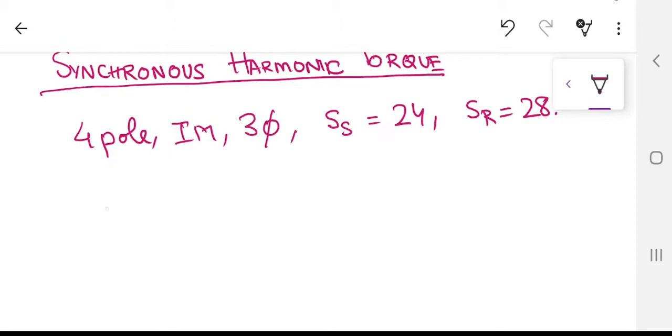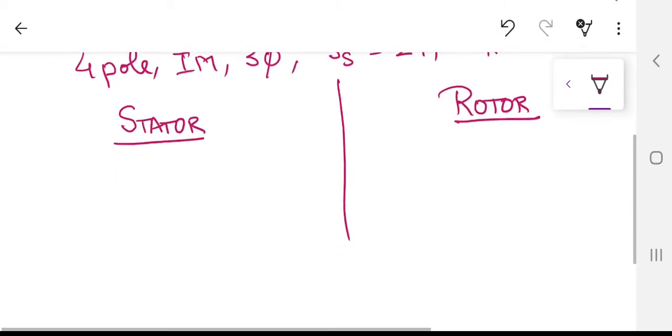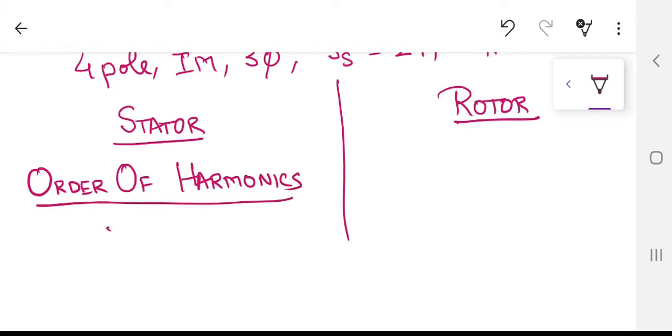If I talk about the stator first, and then the rotor, the order of the harmonics because of this slotting is 2Ss divided by p, plus minus 1, and for the rotor, 2Sr divided by p, plus minus 1.